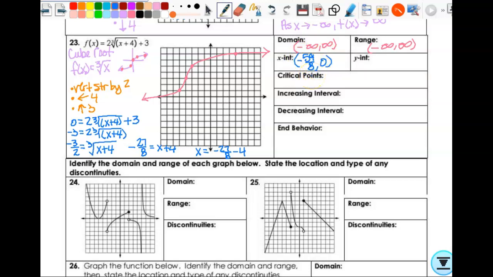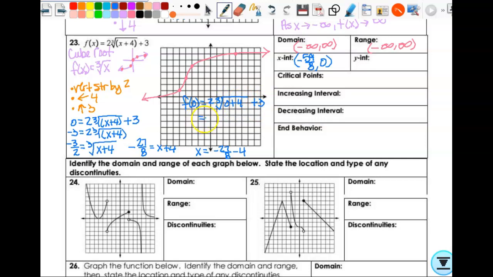So my y-intercept, that is f of 0. f of 0 is equal to 2 times the cube root of 0 plus 4, plus 3.